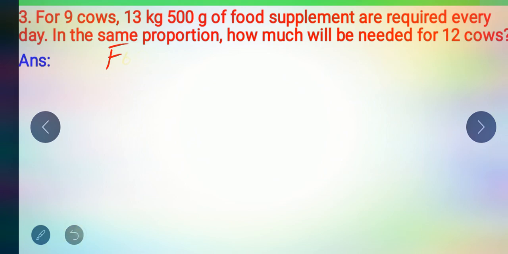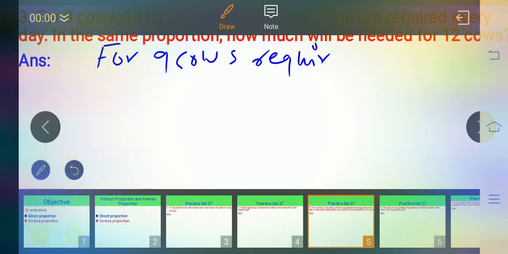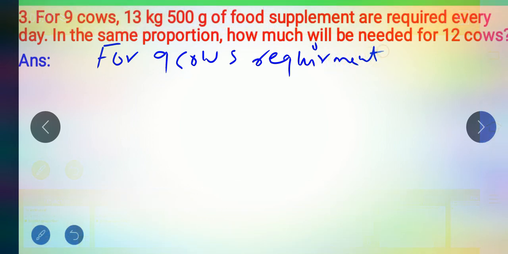Just a second, I'll use the other color ink, students. Here I'll write: for 9 cows, the requirement is equal to 13.5 kg, right? So what will be the need for 12 cows?